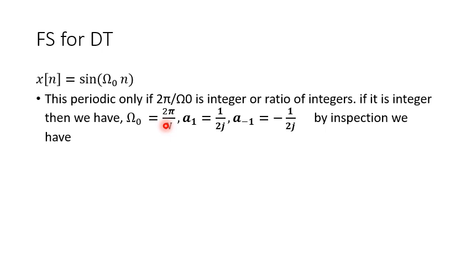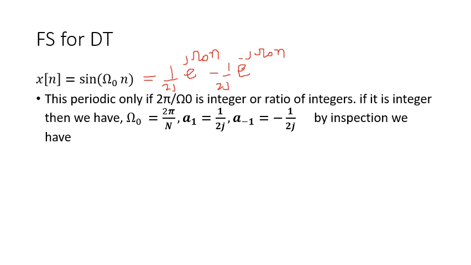So again, you can easily guess that if I expand it using the Euler identity, it will be 1 by 2j, e to the power j omega naught n, minus 1 by 2j, e to the power minus j omega naught n.